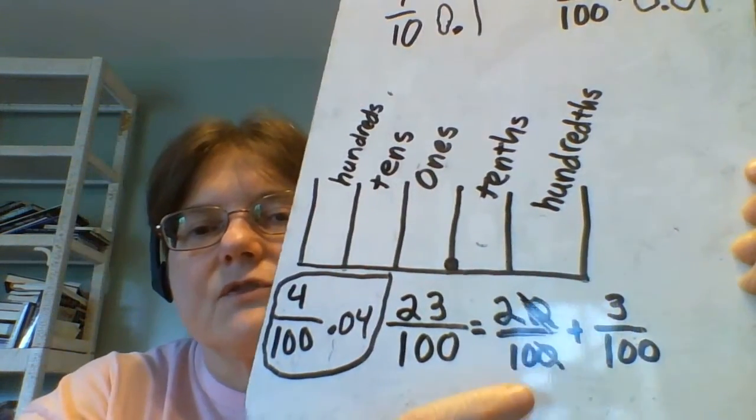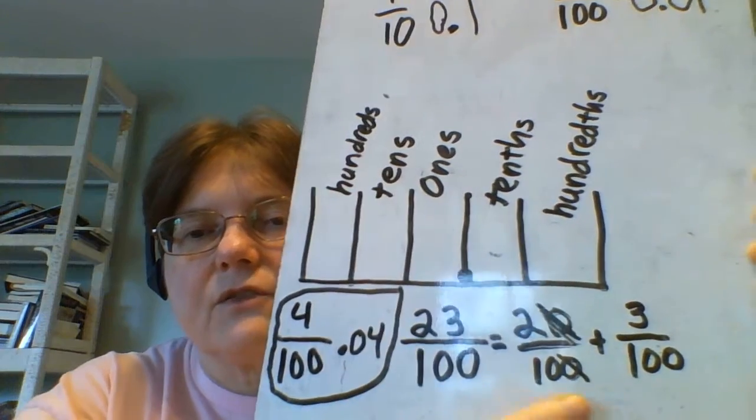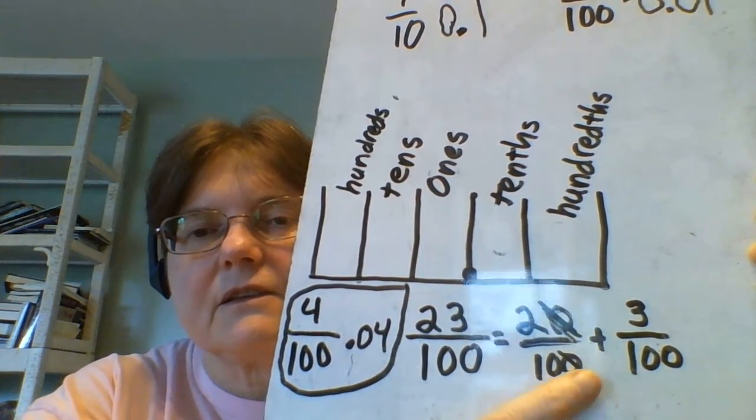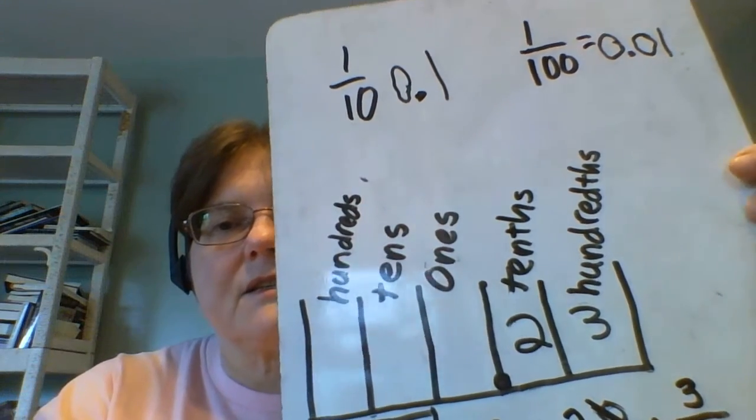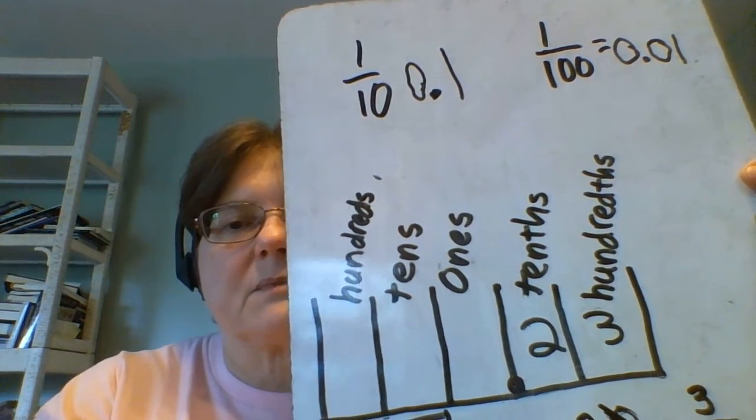So really you have 2/10 and 3/100. So you write 23/100 like this, with a 2 in the tenths place and a 3 in the hundredths place.